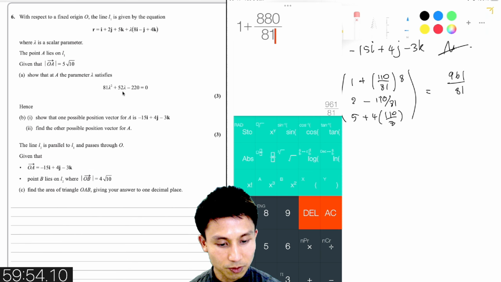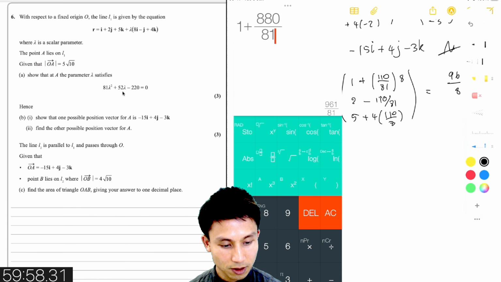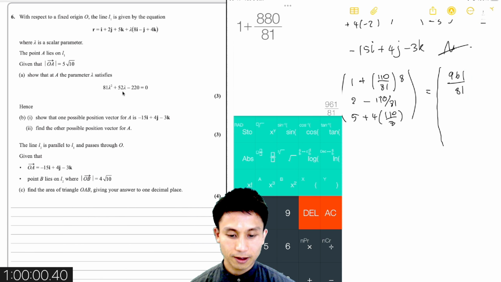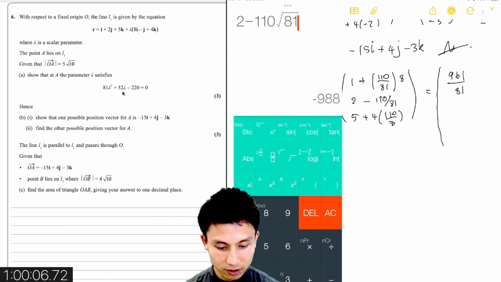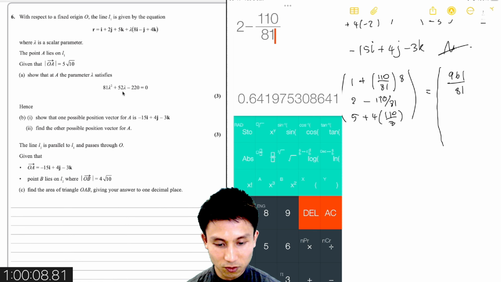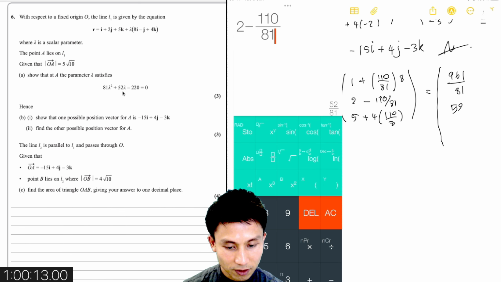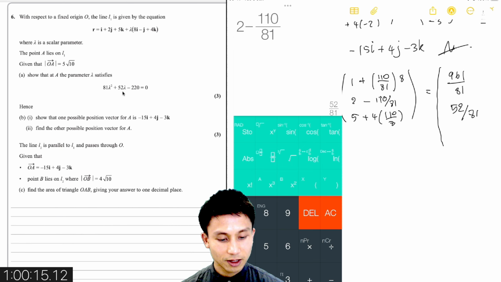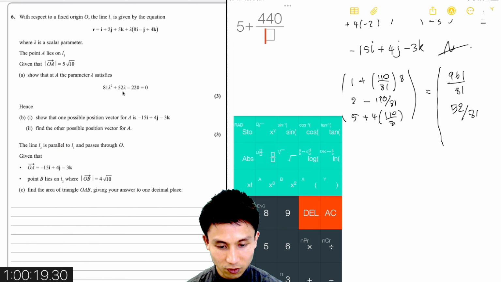Okay, let me just expand that a little bit. Hang on. Okay. And then what do I have here? 2 minus 110 over 81. Wait, hang on. Over 81. And then changing that to fraction, we get that. And then lastly, 5 plus 440 over 8.